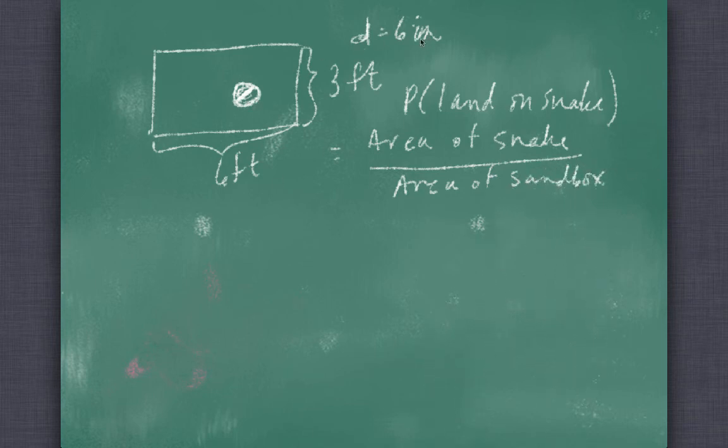Okay, so the first problem is we're in inches and feet. So we need to translate one way or the other. We can either call his diameter half a foot, or we can make these into inches. It doesn't really matter. We're going to have to reduce everything out in the end.